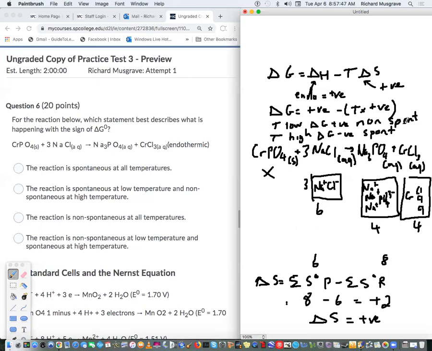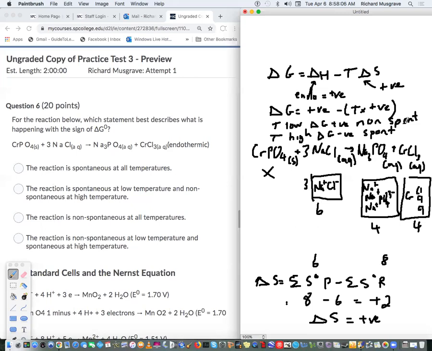Okay. So the temperature will affect whether it's spontaneous or not. What I was saying is that if the signs were opposite, positive and negative, right? The signs were opposite.